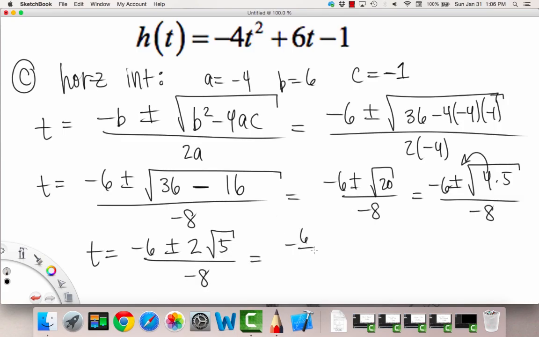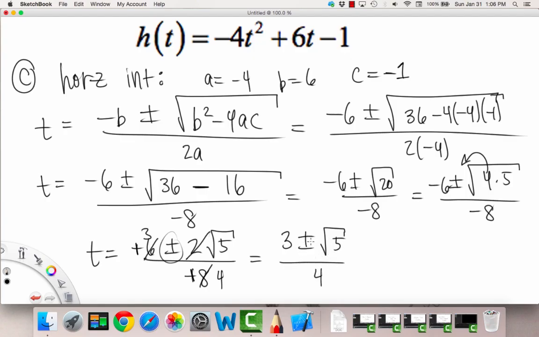If we have negative 6 over negative 8, we could just cancel 2 everywhere, so we get 4 here and a 3 there. We can also switch around the negative signs. If you multiply by negative 1, these become positive, and this one's still plus or minus. So we ultimately get 3 plus or minus square root of 5, over 4.